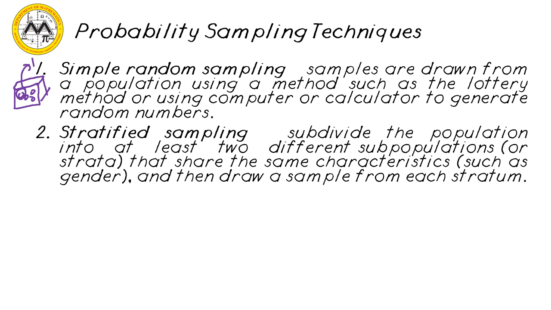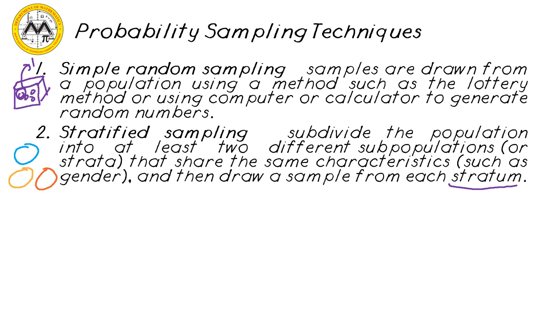Stratified sampling subdivides the population into at least two different subpopulations that share the same characteristics, such as gender, and then draws a sample from each stratum. So stratum is the different groups. So what you do is you have group 1, you can have another group, group 2, you can have another group, group 3.